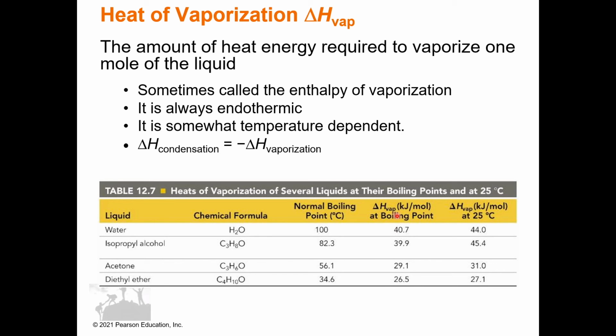Now, if we lowered the temperature down to 25 degrees Celsius, we see that we have a different delta H value now. It's 44.0 kilojoules per mole. And that should make sense, because 100 degrees Celsius, it feels hotter than 25 degrees Celsius. So if we're at a cooler temperature, then we're going to be working with a higher delta H vaporization value.